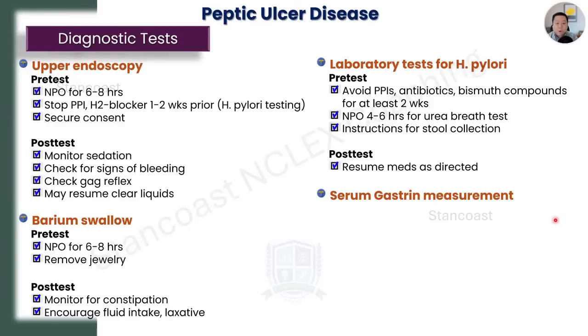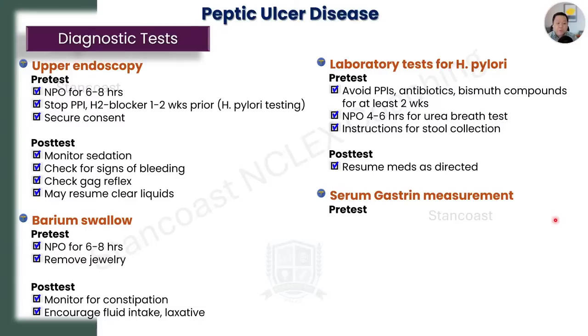Now, the role of the gastrin levels: elevated gastrin levels will help confirm the ZES, or the Zollinger-Ellison syndrome, and also it will help confirm the cause of the ulcers, particularly when the ulcers are refractory to the standard treatments.